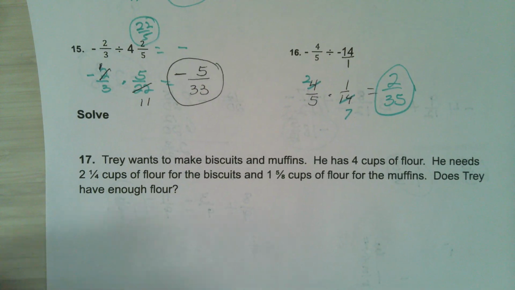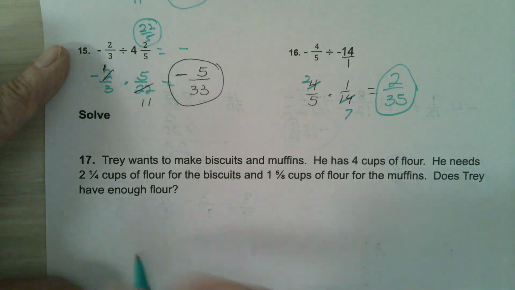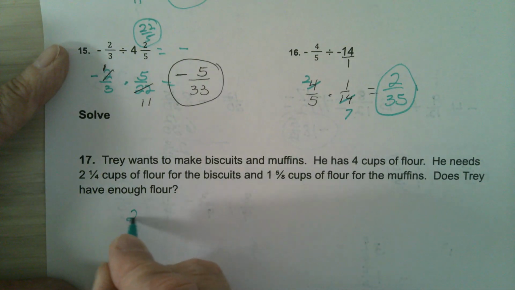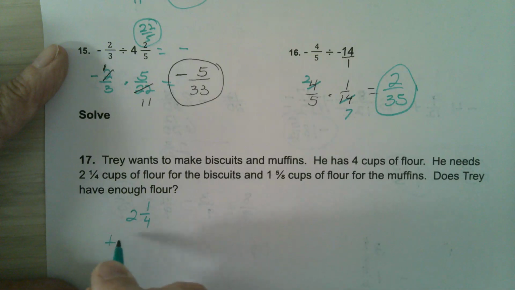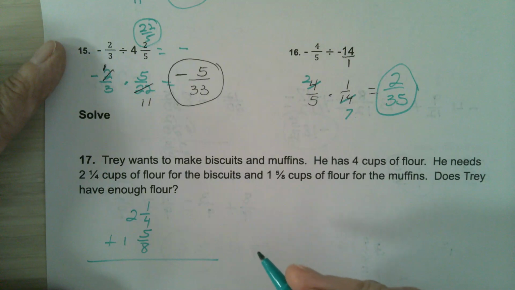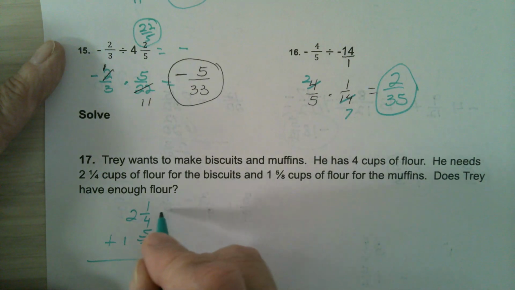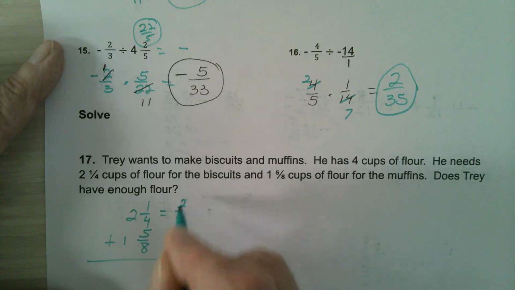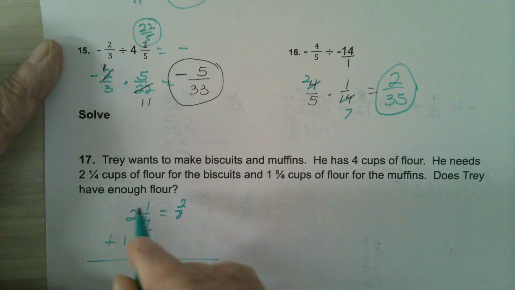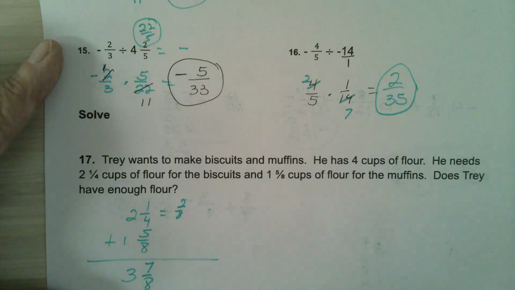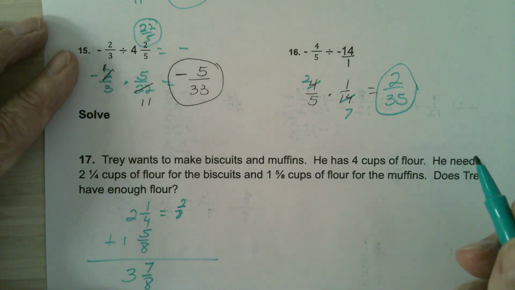So the first thing you would get points on is showing how you add them together. You're going to add 2 1/4 plus 1 5/8. On a test, that's 1 point right there for showing your work on this. That will be 2/8. So 2/8 plus 5/8 is 7/8. 2 plus 1 is 3. He needs 4 cups.